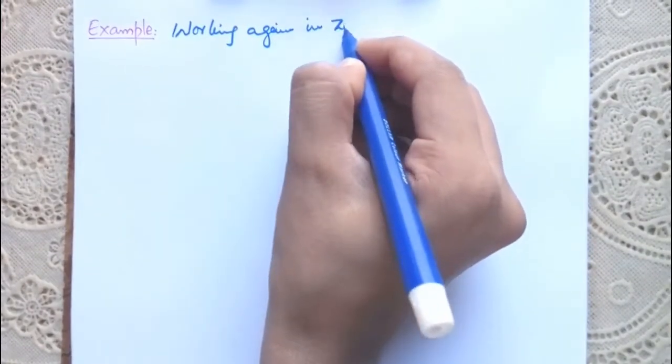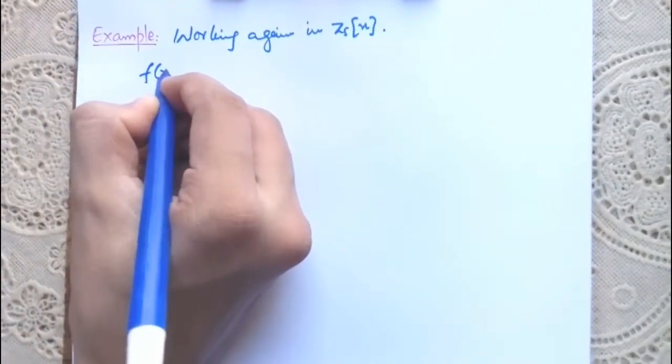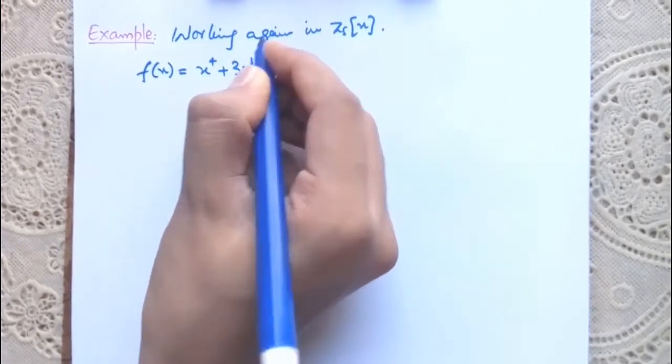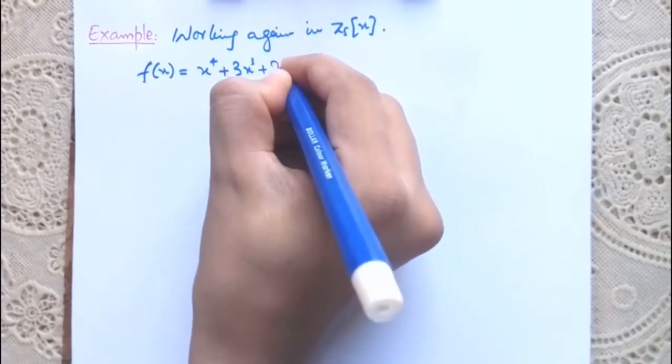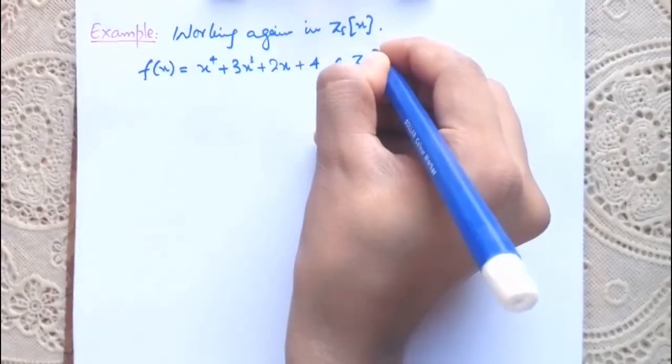In Z5[x], let f(x) = x^4 + 3x^3 + 2x + 4, which belongs to Z5[x].